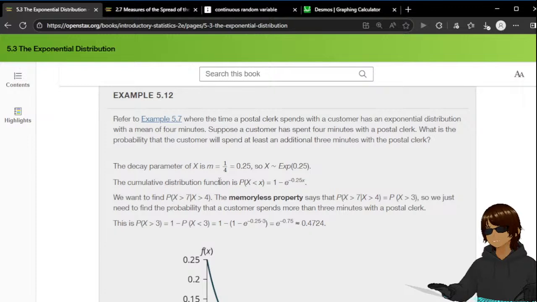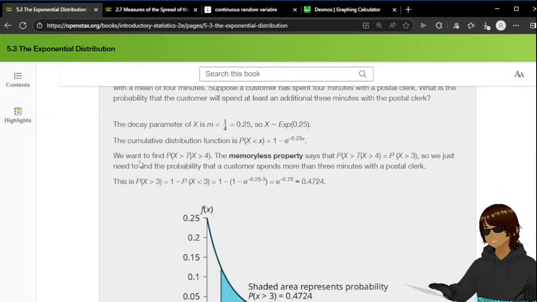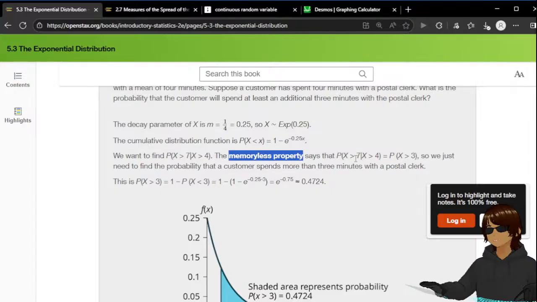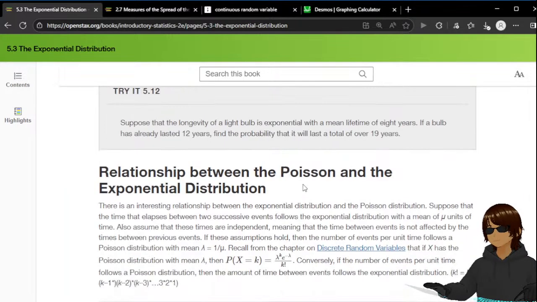And the cumulative distribution function is this. You want to find the probability more than 7 given more than 4. According to the memoryless property, this is equal to more than 3. And more than 3, we just know how to find it using this. It's e to the power of minus 0.75.